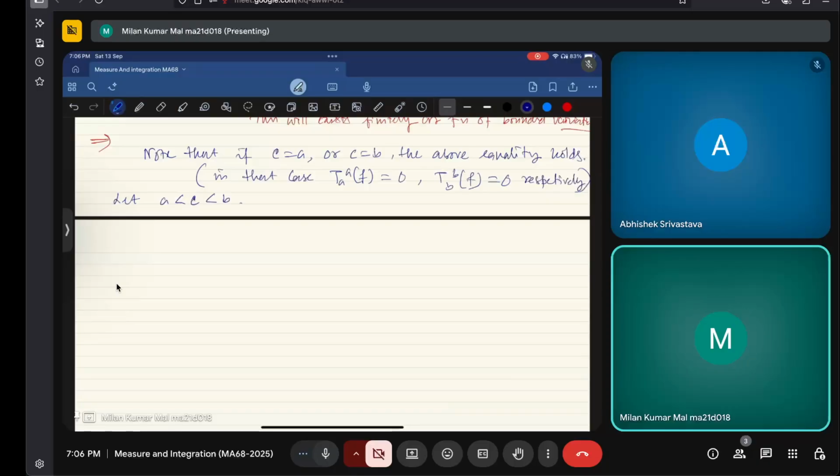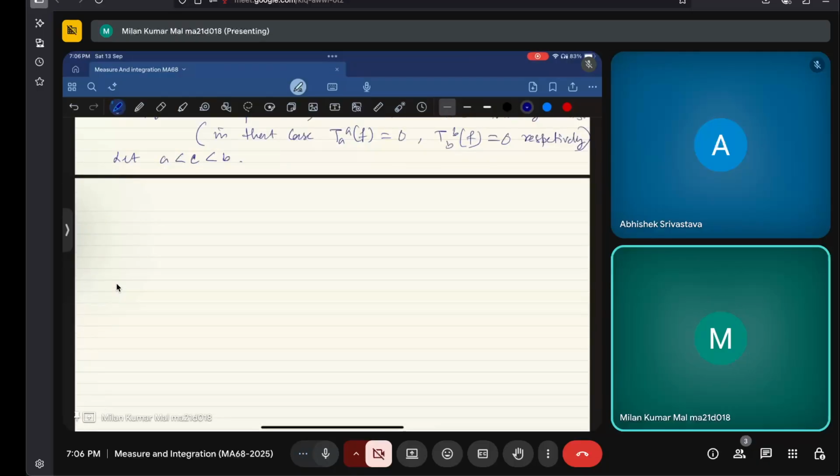If we consider this, let x_0 equals a less than x_1 less than x_2, and so on, x_n equals b, be a partition P of [a, b].